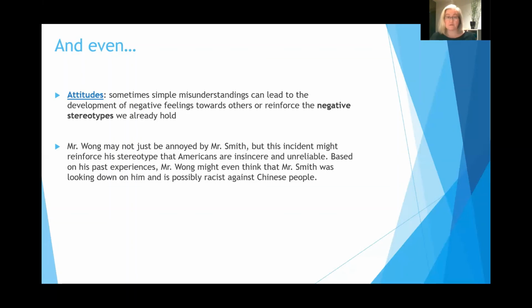So we can imagine, perhaps, that Mr. Wong may not just be annoyed by Mr. Smith, but this incident might reinforce his stereotype that Americans are insincere and unreliable. And based on his past experiences, Mr. Wong might even think that Mr. Smith was looking down on him and is possibly racist towards Chinese people. So we can see here that just a very simple misunderstanding around the term "let's have lunch" could be exaggerated and blown up into something bigger based on the past experiences of the participants.